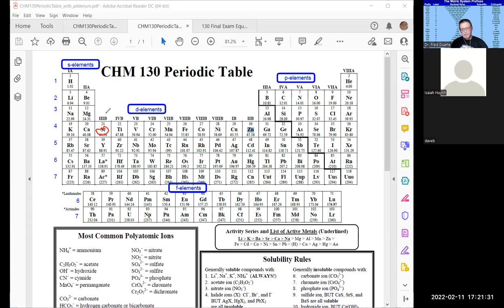Now, for our purposes, this is 3D1 all the way across to 3D10. You would think that starting with number 21, because number 21 is in the 4th energy level, that it would be 4D1, but it's not.